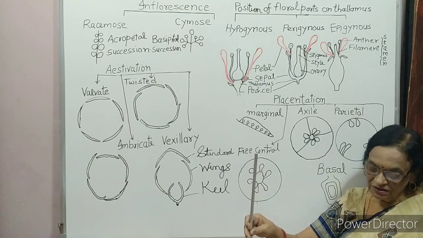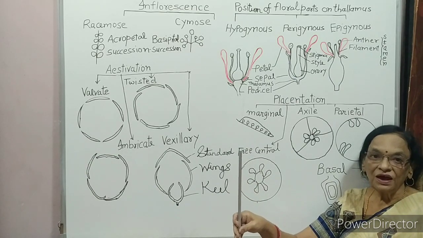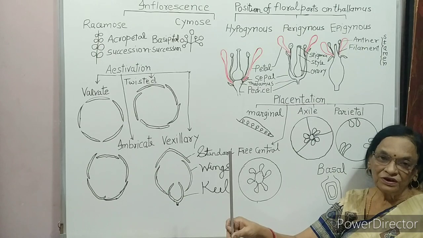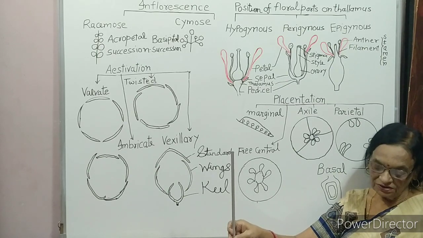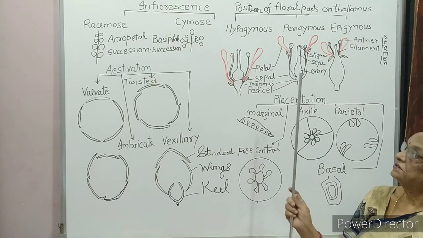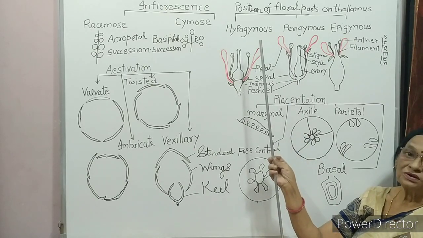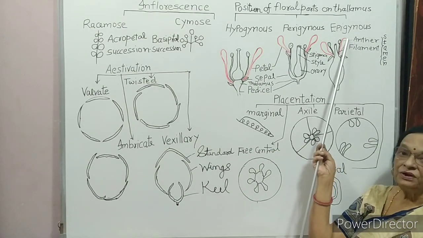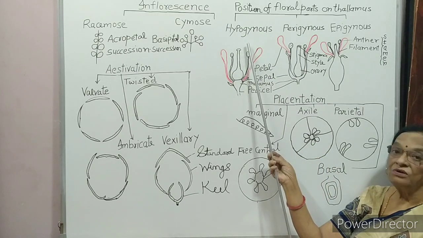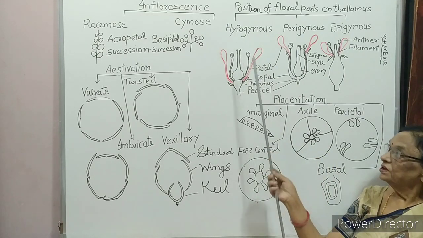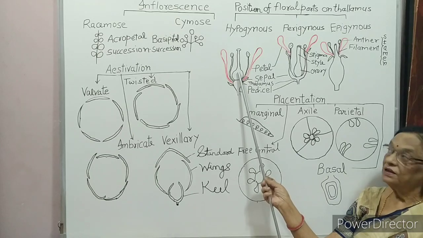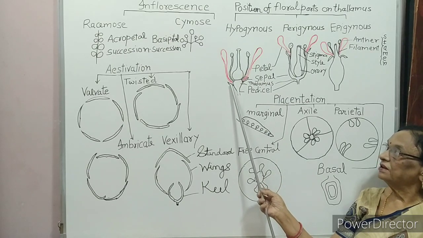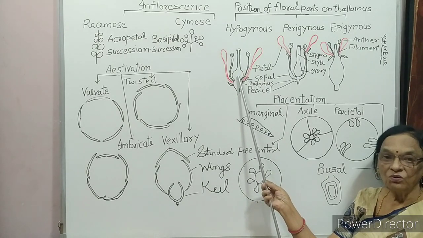Now, based on the position of calyx, corolla and androecium with respect to the ovary and thalamus, the flower is divided into three types: hypogynous, perigynous and epigynous. What is hypogynous? Hypo means below. Here the ovary is superior and the other parts, stamen, petal and sepal, arise below the ovary.